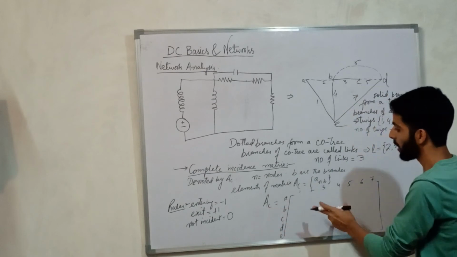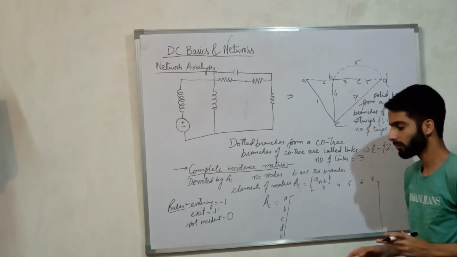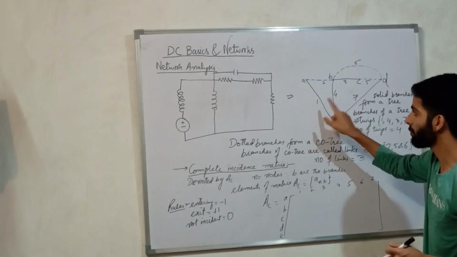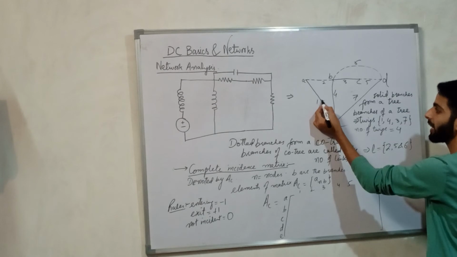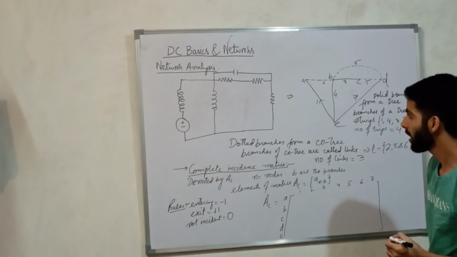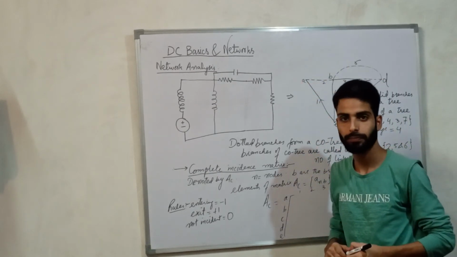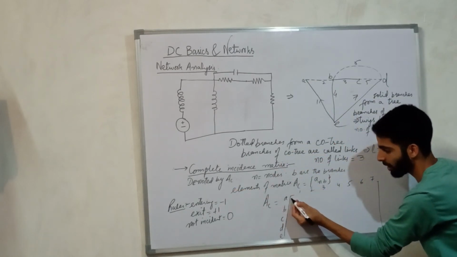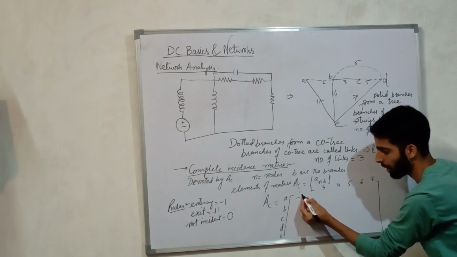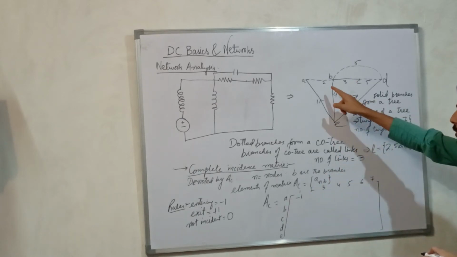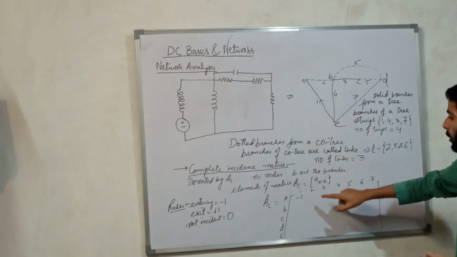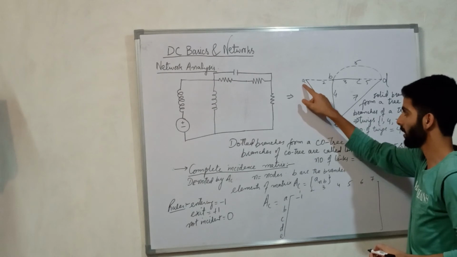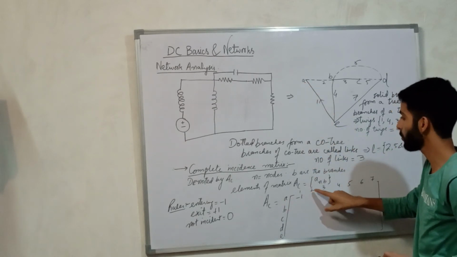Okay. Let us see node A and corresponding branch 1. Node A and branch 1, what is it doing? Branch 1 is entering into node A. So what will we write? Entering, -1. What about branch 2?